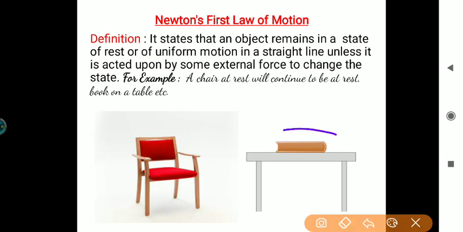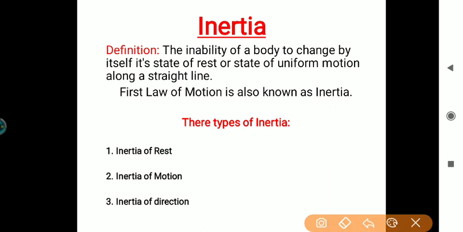This book is at rest, so it is the inability of this book to change its state. This is called inertia, and it stays in the state of rest or uniform motion until an external force is applied. That's why the first law of motion is also known as the law of inertia.